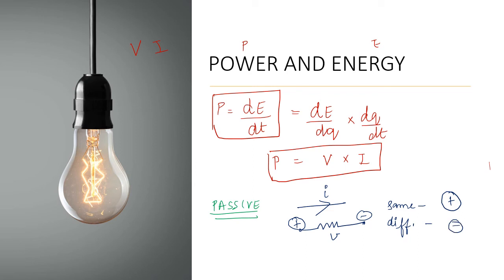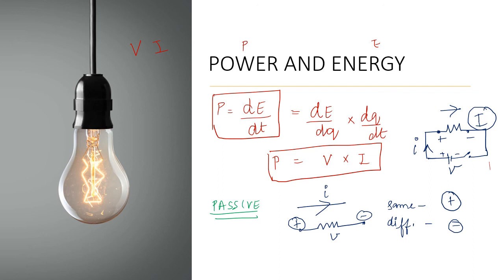So let's say this is a simple circuit. In this circuit, the current is flowing in this direction, and the voltage is marked like that. For this particular resistor, this will be the voltage polarity and this will be the direction of current. Let's name this case 1.